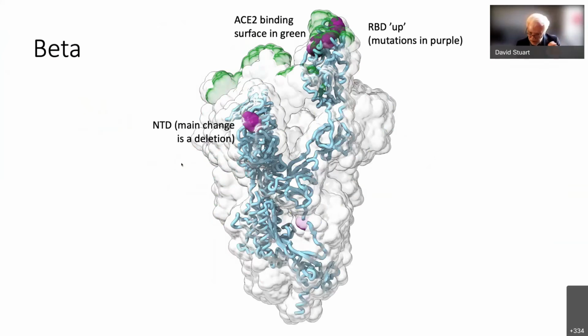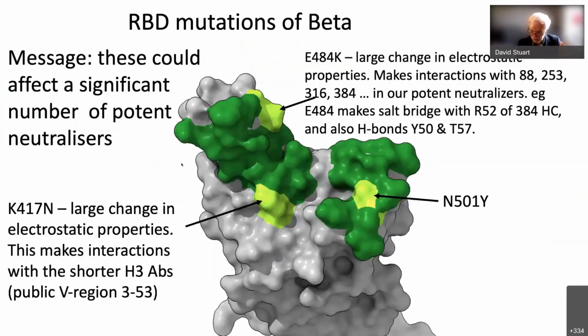If we go on to beta now, the South Africa variant, this has 3 amino acid changes in the receptor binding domain, and these include a particularly serious mutation, E484K, which has a big change in electrostatic properties and makes interactions with a good number of the 80 antibodies that we characterized. The third mutation, K417N, again has a change in electrostatic properties, but we don't think this would introduce a big effect on the recognition of most antibodies.